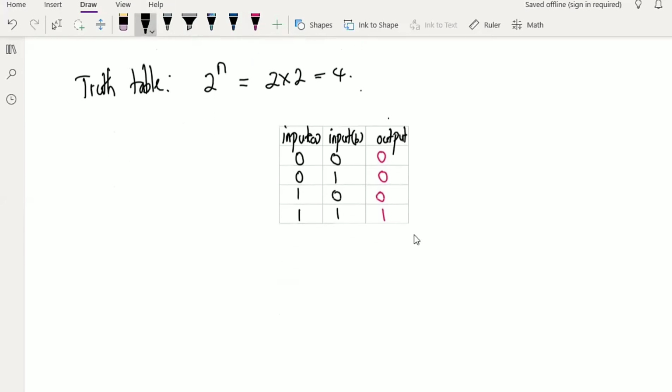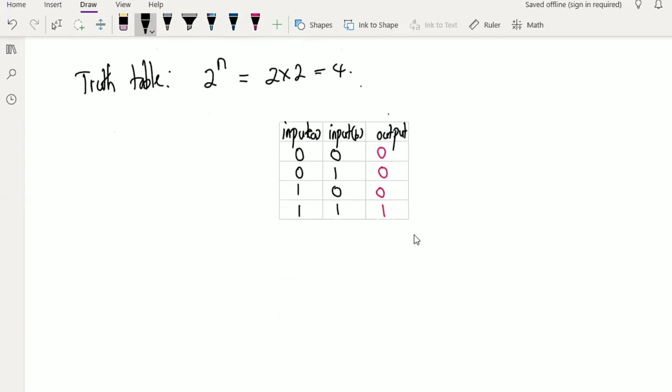All right. Let's look at the third logic gate that we will see. And that logic gate is called the OR gate. I hope you can realize that the names for these logic gates actually tell us what the output should be.